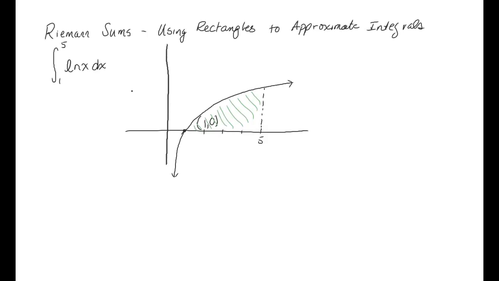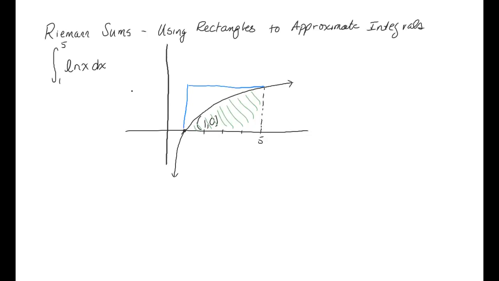Okay, and we could do this with any number of rectangles. For example, if we wanted to be really crazy, we could say we're just going to use one rectangle, and we're going to make that rectangle go all the way from 1 to 5. That would be a pretty bad approximation. It would be much larger than the actual value of that area.